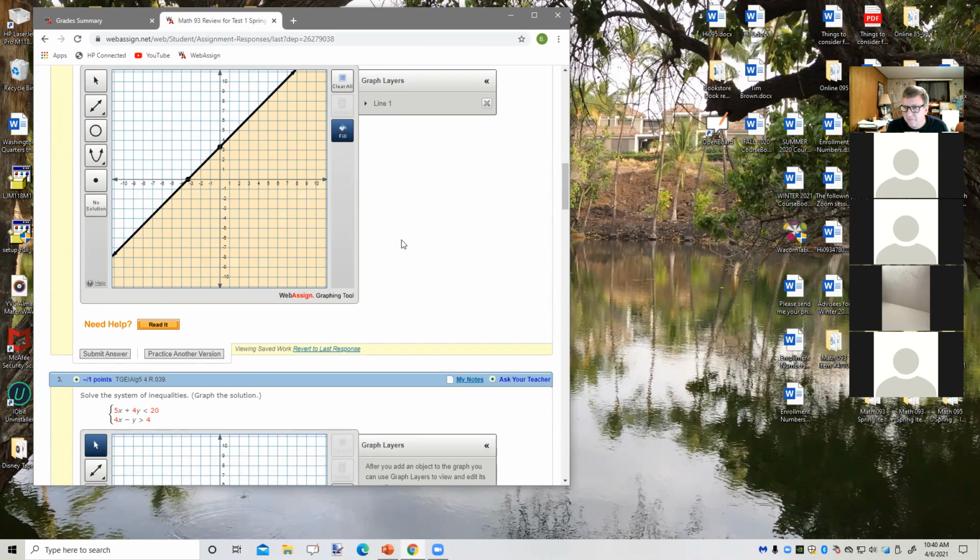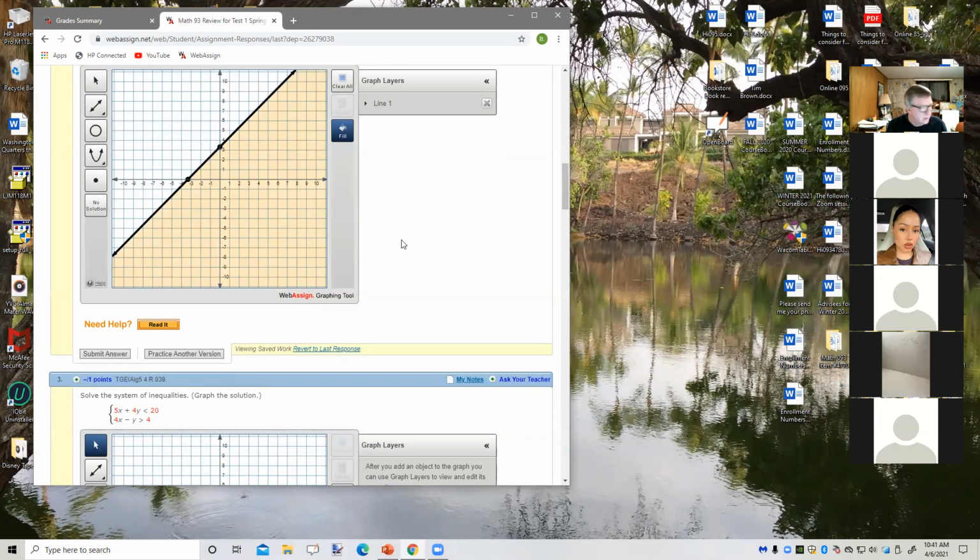Anybody? All right. Do you want another example from section 3.7 before we move on? Yes, please. Can we do one of the ones that require you to do the shading of an overlap? Well, that's 4.5. That's coming up next. 3.7 is really just kind of an introduction to 4.5, where you're just dealing with one inequality statement.